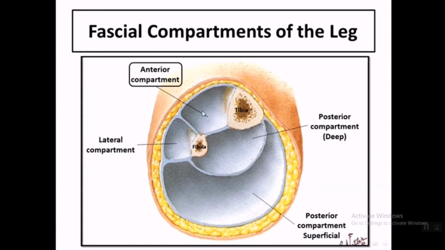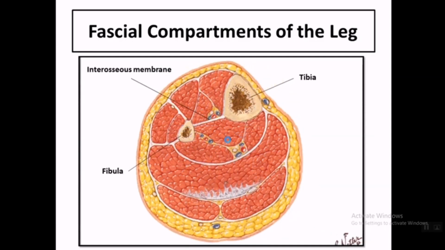We have the anterior compartment, the lateral compartment, and the posterior compartment, divided by a transverse septum into a posterior compartment deep part and posterior compartment superficial part, by the presence of deep fascia septa. Each compartment has its own muscles, its own blood vessels and nerve, and each compartment has a different function.